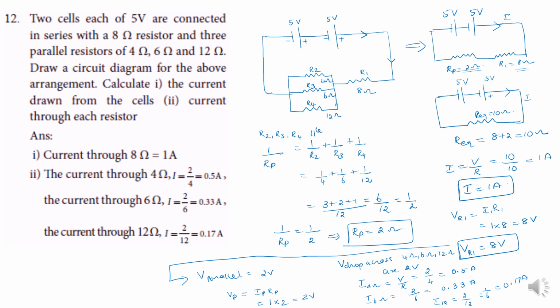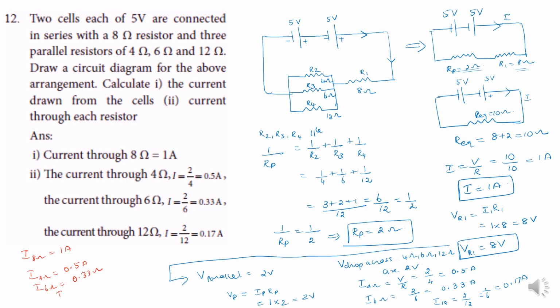Therefore, current through 8 ohms is equal to 1 amp. Current through 4 ohms is equal to 0.5 amps. Current through 6 ohms is equal to 0.33 amps.